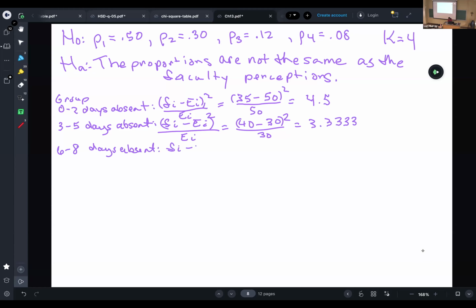So it's still the same formula. 20 subtract 12, squared, divide by 12, and that's going to be 5. I'm going to carry 4 decimals again, and then 9 plus days.